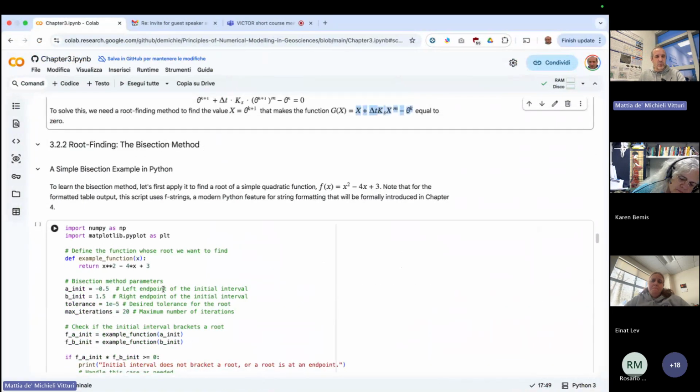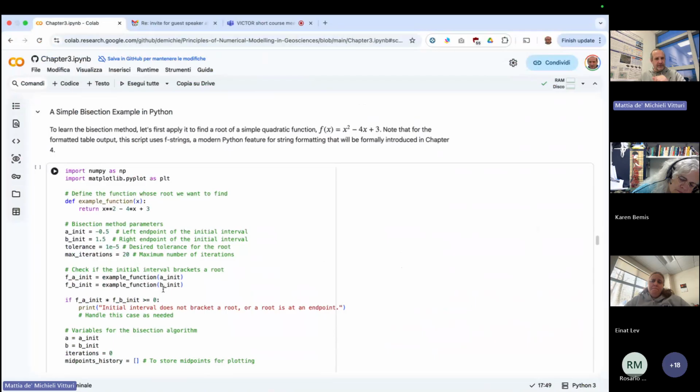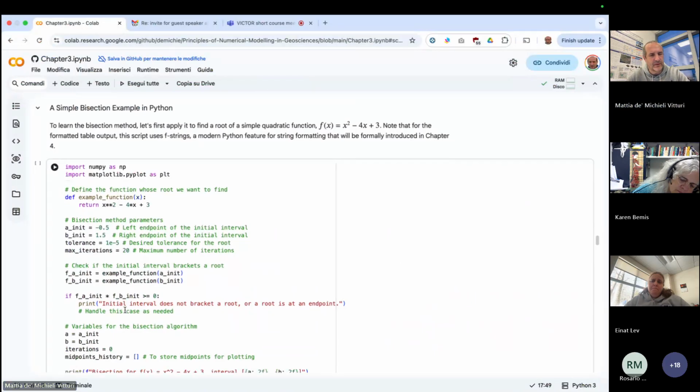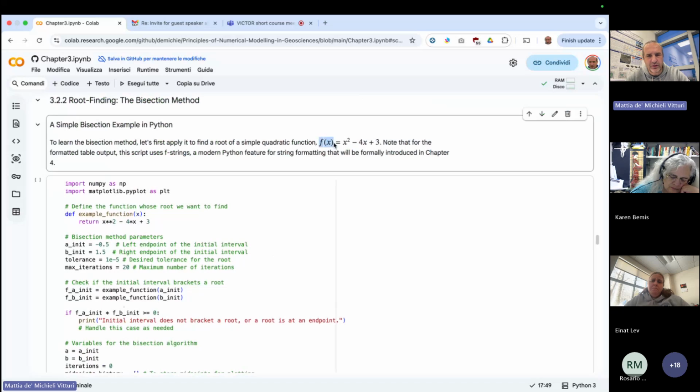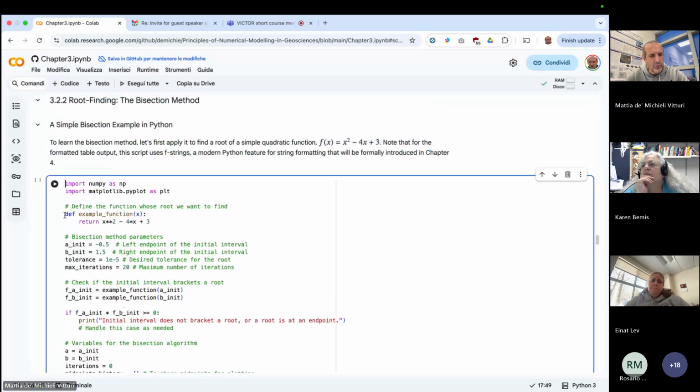And this is exactly what is done here in this script. So in this script, we try to find, for example, a root for a function. Here we have a quadratic function, so it's a parabolic function. We define a function for which we want to find the 0.